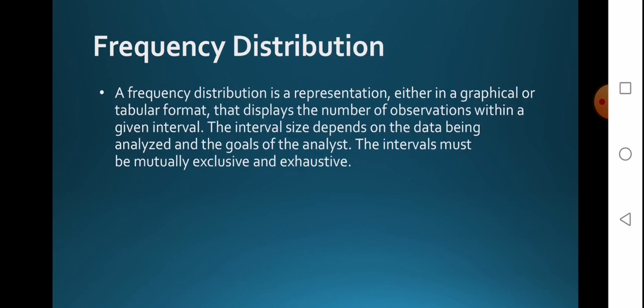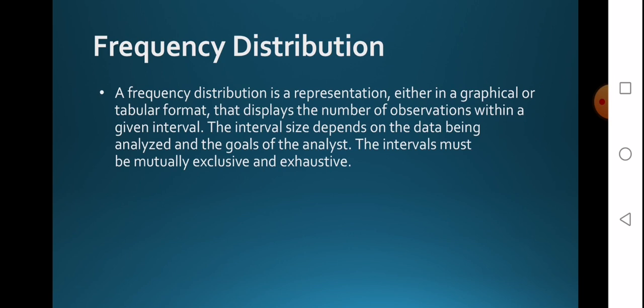A frequency distribution is a representation, either in graphical or tabular format, that displays the number of observations within a given interval. So the interval size depends on the data being analyzed and the goals of the analyst.